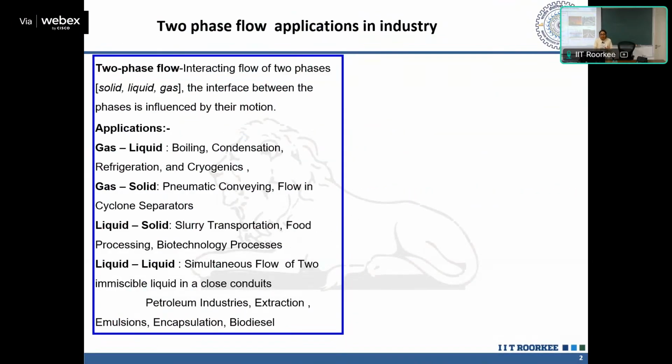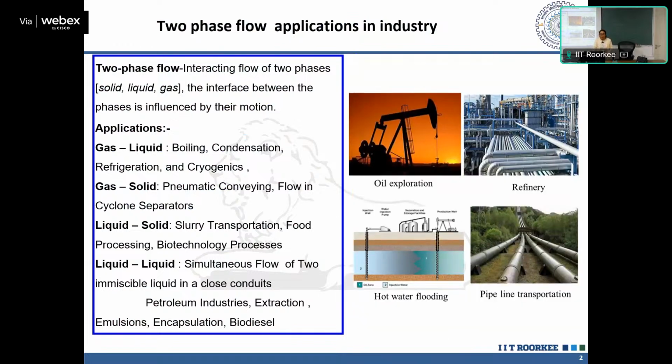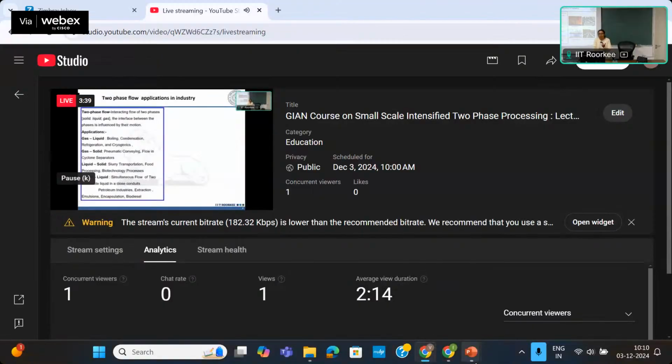It is a mixture of oil, natural gas, and sometimes sand particles. In fact, it is a three-phase flow. And if the oil is getting depleted, sometimes we inject steam in order to extract more oil. So it is a mixture of at least two phases: steam coming out, and crude oil.